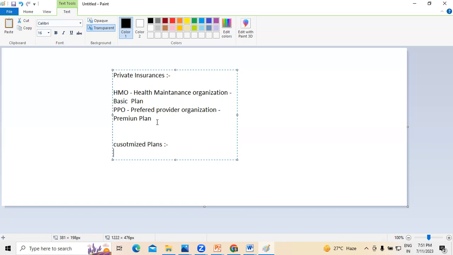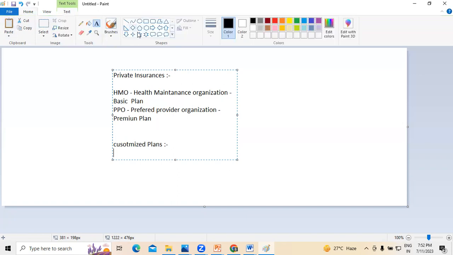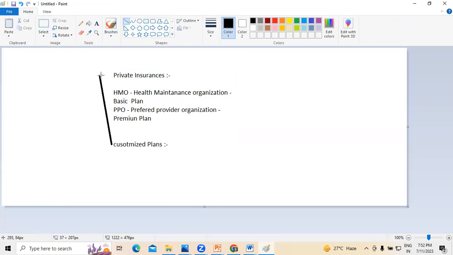Health insurance has to be provided by the employer to the employee. Now, what does this Y company do? This Y company will contact these private insurance organizations.